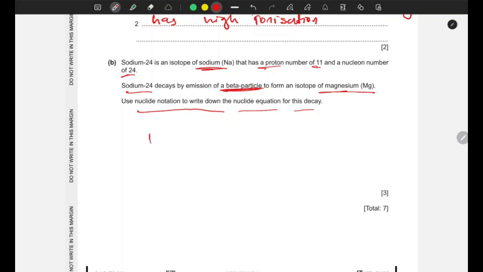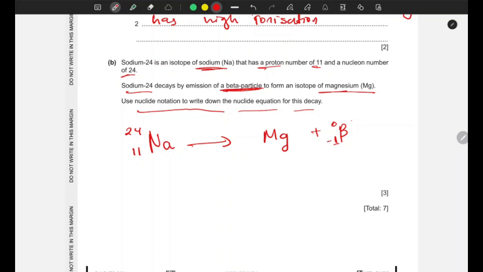So sodium 24 is Na, with a proton number of 11 and 24 as the mass number. When this decays, it would form a magnesium isotope, and also a beta particle. This beta particle has 0 mass number and a proton number of -1.